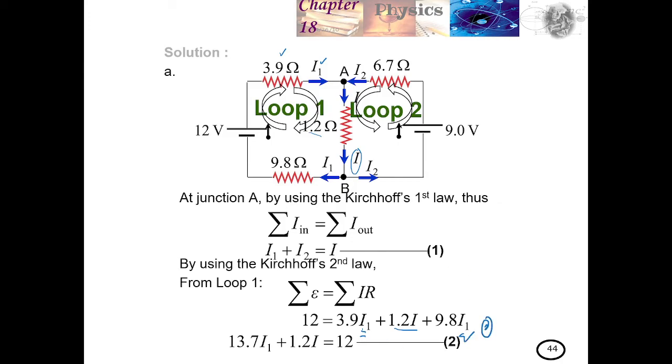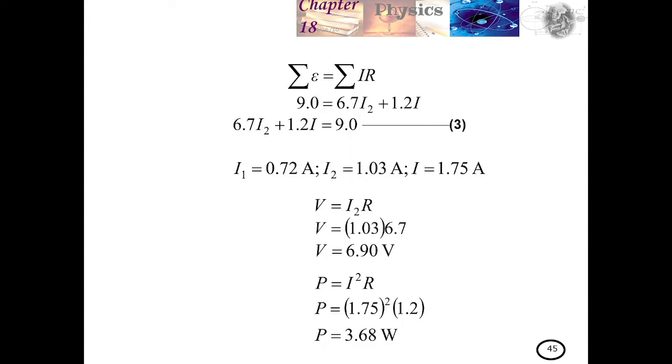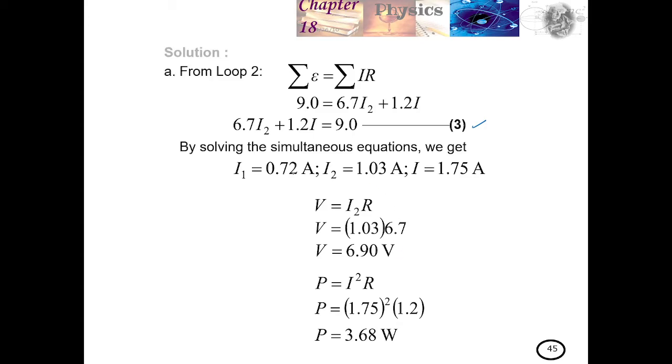Later we're going to use simultaneous equations to get the answer. The summation of E equals the summation of IR gives 9.0, then you have the third equation. Solving the simultaneous equations, you get the currents: I1 is 0.72, I2 is 1.03 ampere, and I is 1.75 ampere.